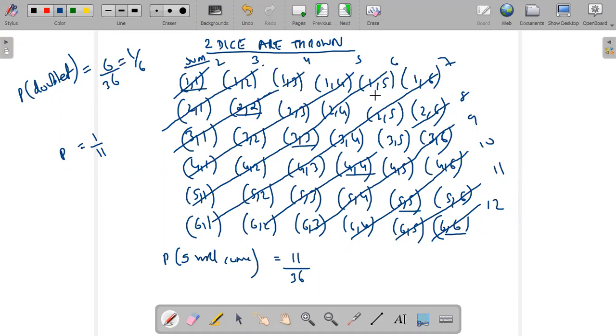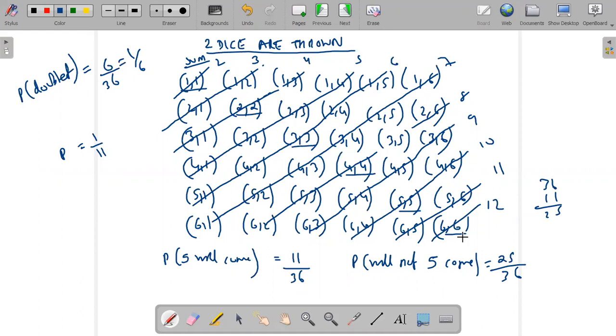Right? How many cases are there in which 5 is there? 11. And therefore, what is the probability that 5 will not come? How do we find that? Total there were 36. 5 has come at least once in 11 cases. So if I subtract 36 minus 11, I get 25 cases out of 36 where 5 is not there at all.